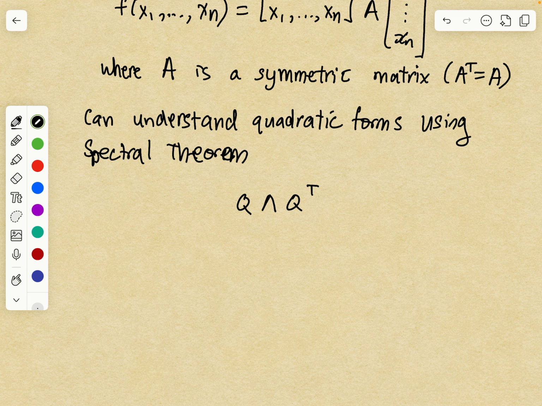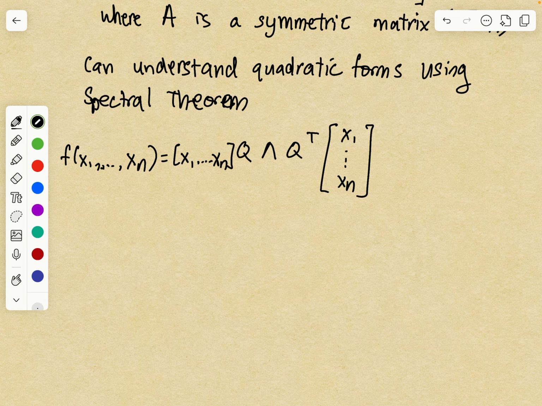And how does that help? Well, our quadratic form of x1 through xn is equal to x1 through xn times A times x1 through xn.